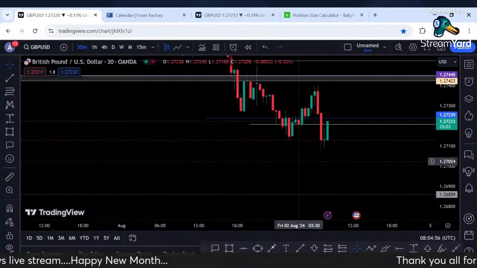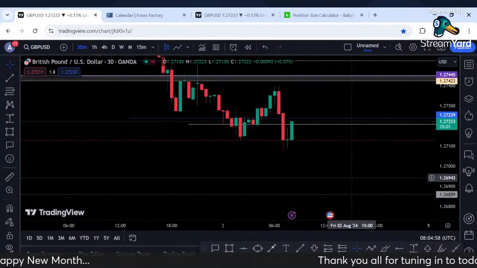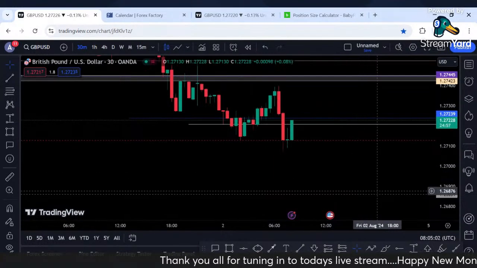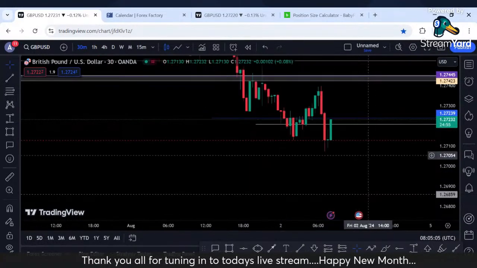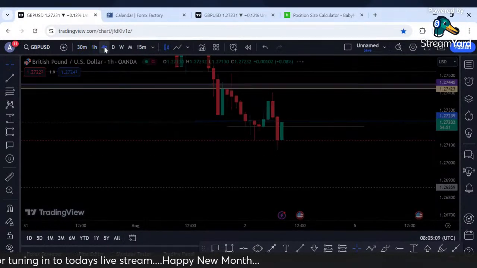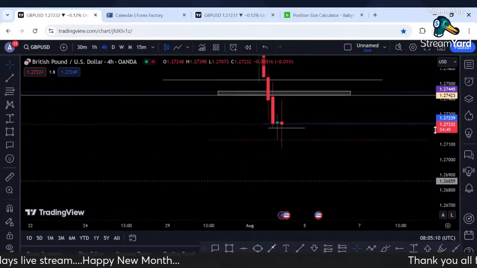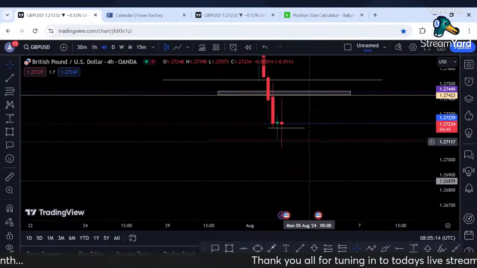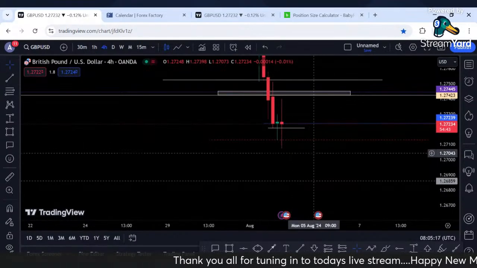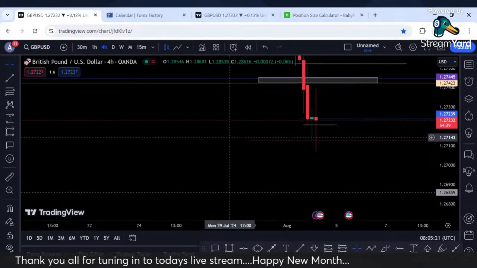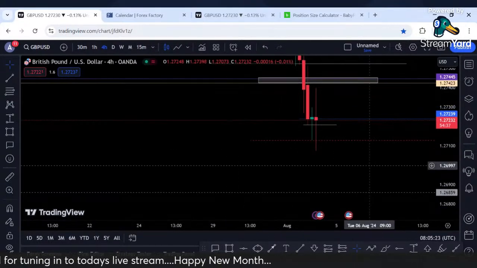So during that time, if you are trading any dollar related pair, you have to be very careful, because most of the people who bring volume in the market are waiting for the data to come out to make their decision.